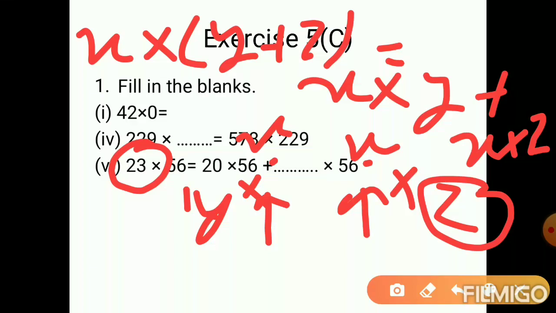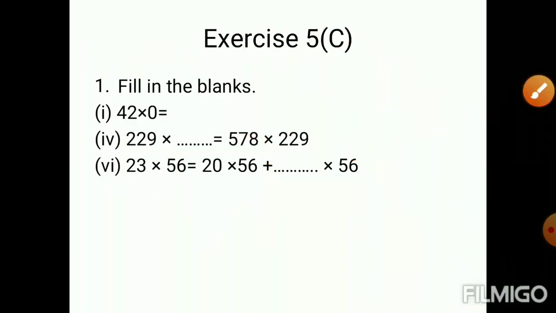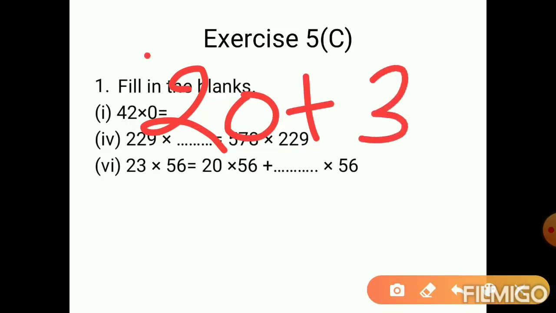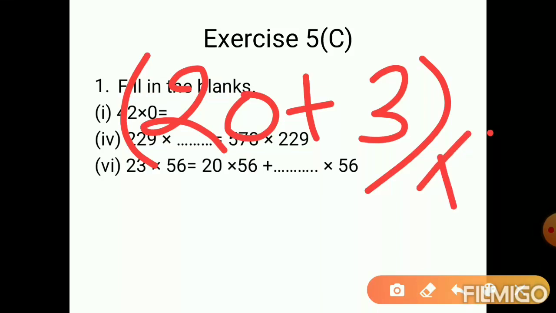To make it like this, we have to change this number 23, because 56 is the value of x, and we have 56 on both sides. Now we will break this 23 into two parts, y and z, and one value is given, 20. So what will be the other value? The other value will be 3. Now it is the same as y plus z, and the other value is x, that is 56.